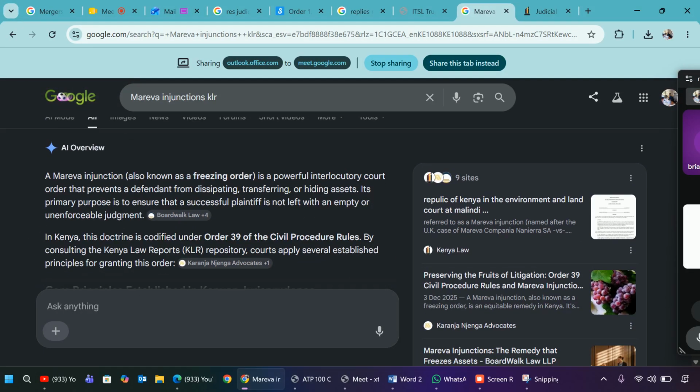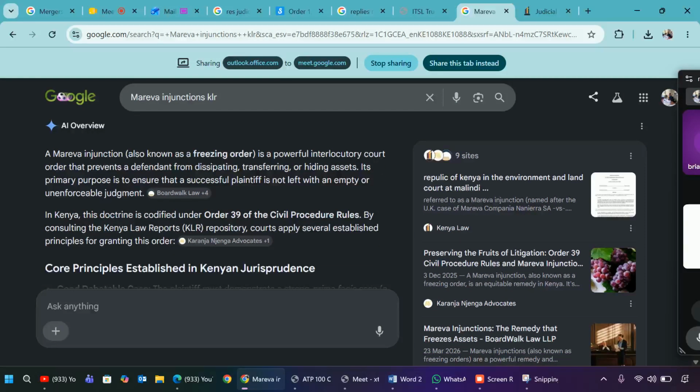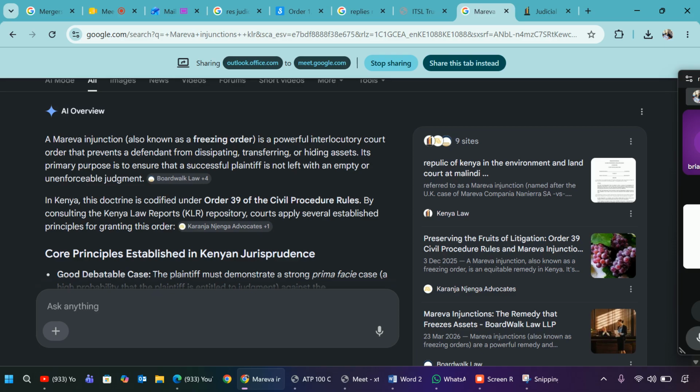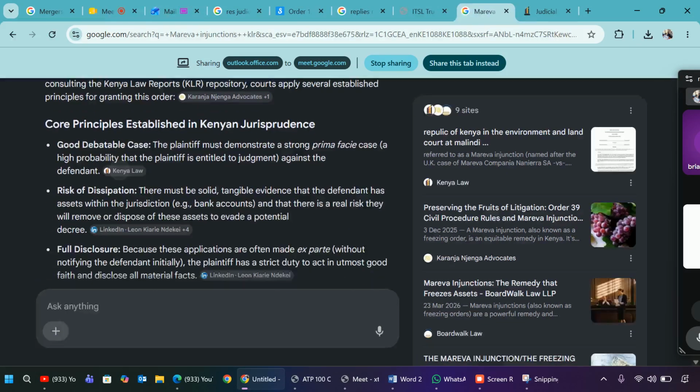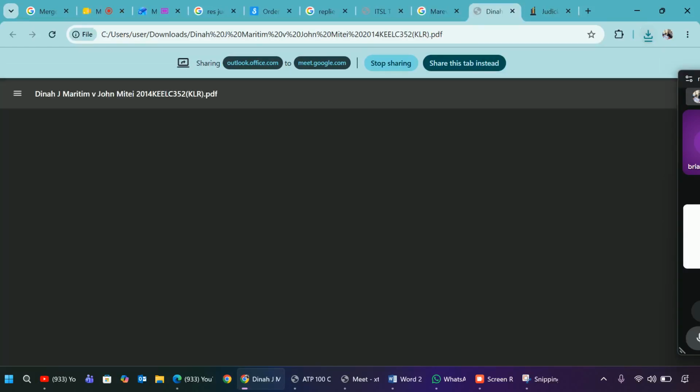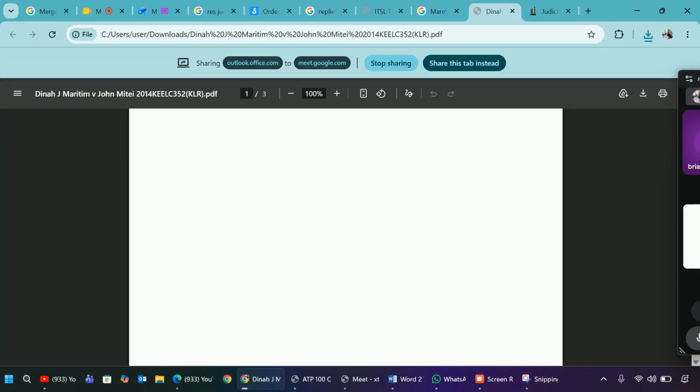For Mareva, this is also known as a freezing order. It is a powerful interlocutory court order that prevents a defendant from dissipating, transferring, or hiding assets. Its primary purpose is to ensure that a successful plaintiff is not left with an empty or unenforceable judgment. Let us look at various principles that have been formulated in various decisions to grant the same.